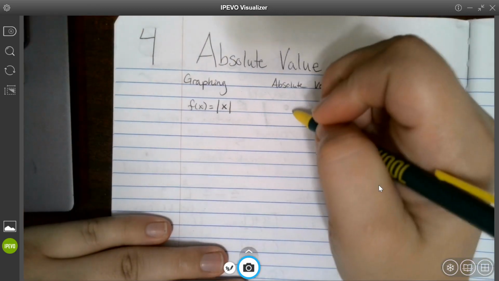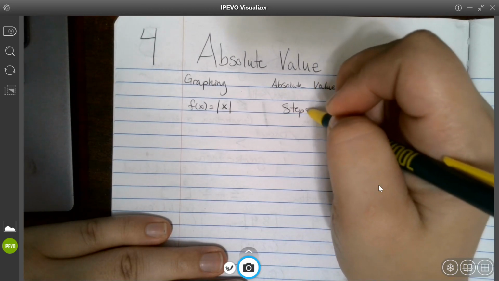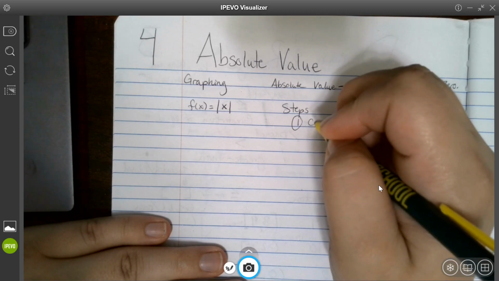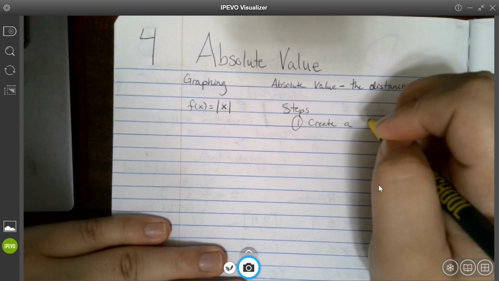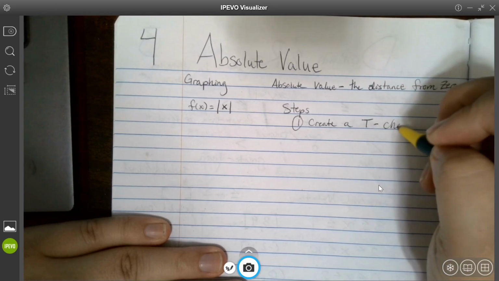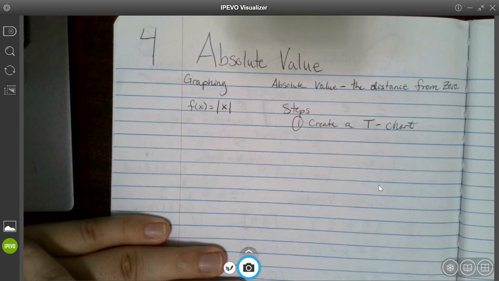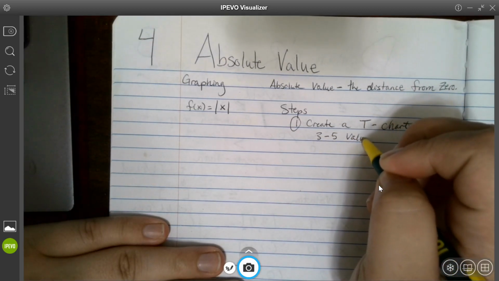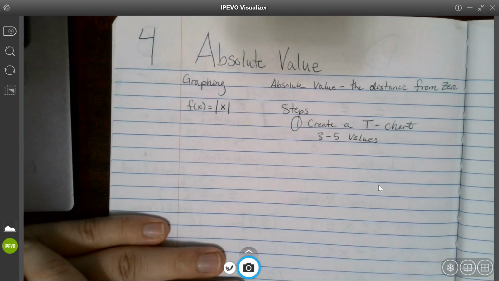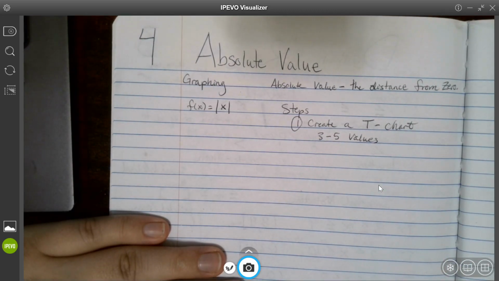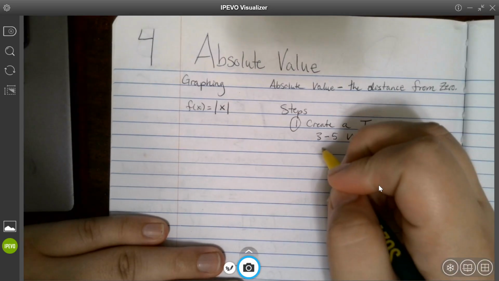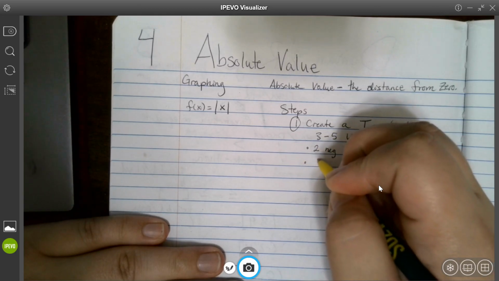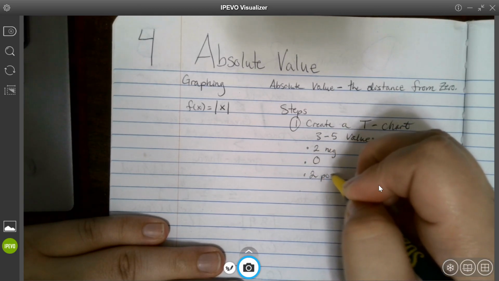So here's our steps for graphing anything. Step 1 is create a T-chart. You need 3 to 5 values. I'm going to highly recommend that you pick, this is what I would do, 2 negative numbers, pick 0, and 2 positive numbers.